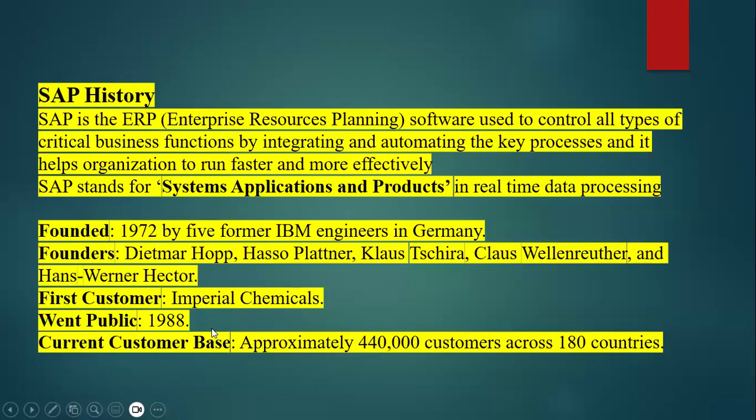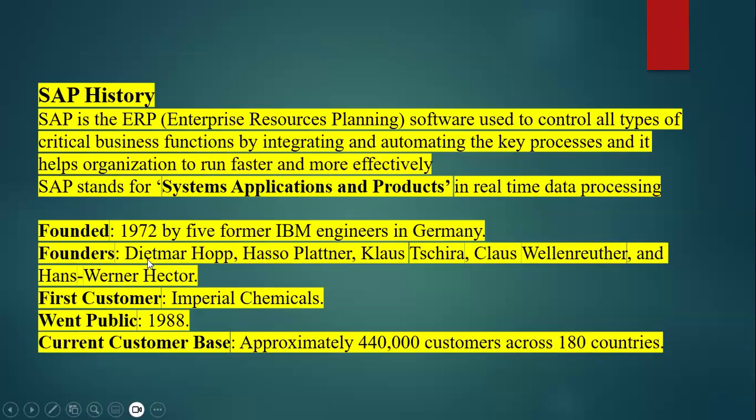Now we know that SAP is the ERP software used to control all types of critical business functions by integrating and automating the key processes, and it helps organizations run faster and more effectively. SAP stands for System Applications and Products in Data Processing. It was founded in 1972 by five former IBM engineers in Germany.